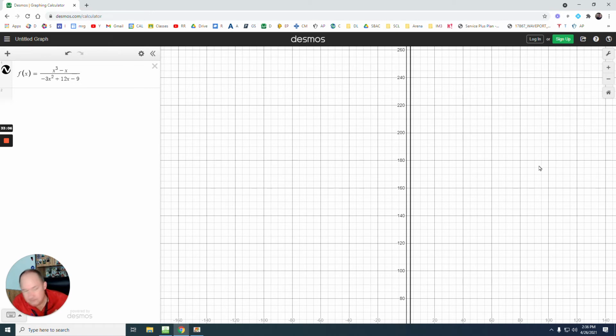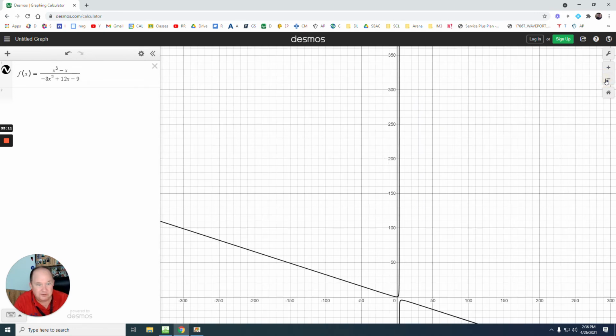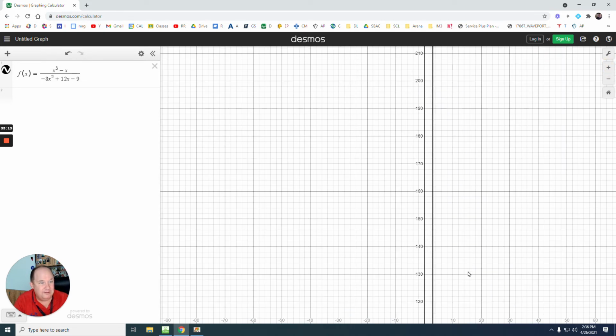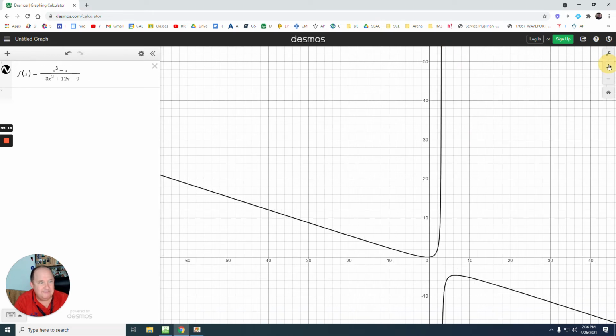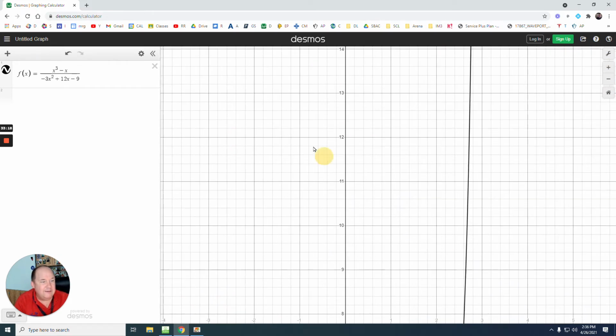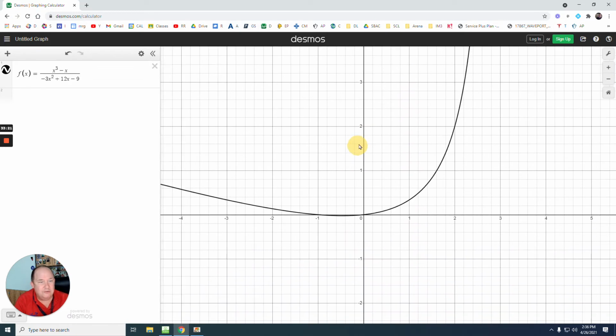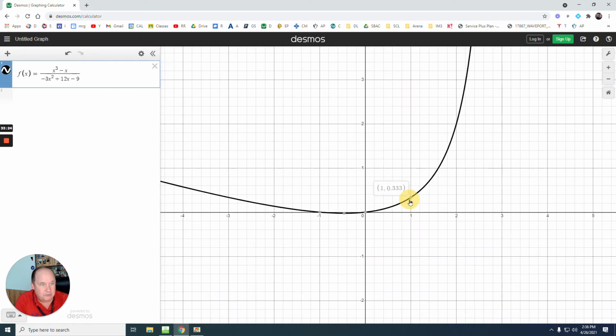Oh, I'm using the wrong number. No wonder it's happening there. It says x approaches 1, not 3. I was looking at the wrong question there. So let me zoom in again here. Thinking, man, that doesn't seem right. All right, so as x approaches 1, once we get to 1, you can see that the answer is 1/3, 0.333, very close in terms of what's happening.